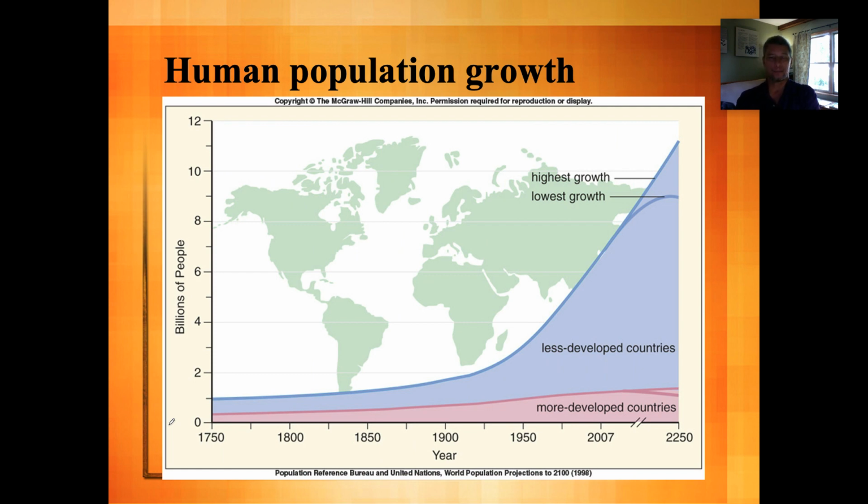Now, interestingly enough, human population growth really falls into two major categories. And it depends on what country you are talking about. In more developed countries like the United States, many of the European countries, and some others, the population growth has stabilized considerably.